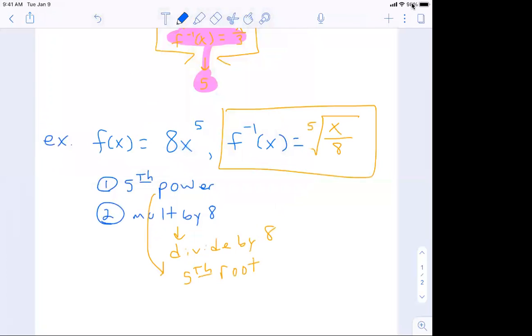All right, so again, we're trying to come up with a function that undoes the original. So think about what you would do if you had an input. If I put a number in for x, I would do it to the 5th power and then multiply by 8. So I want to undo that in the reverse order. I want to put a number in, divide by 8, and then take the 5th root of that.